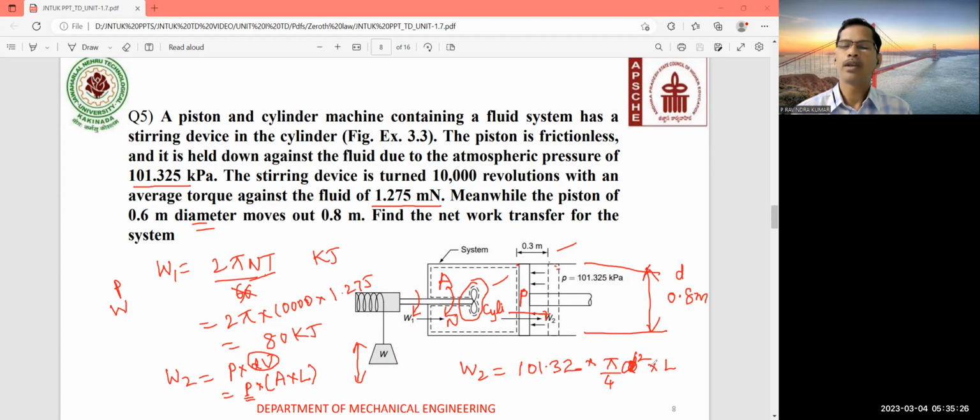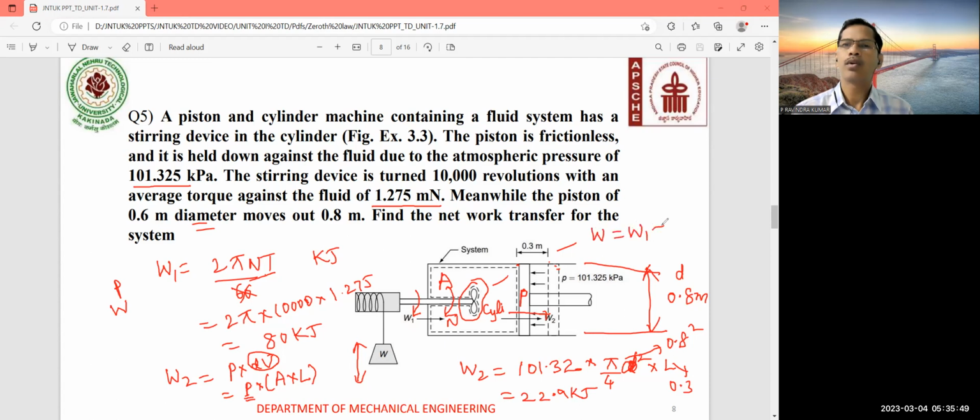So it is 0.3. The diameter is 0.8 squared, and this is 0.3 meter. Then if you solve this, you will get 22.9 kilojoule.